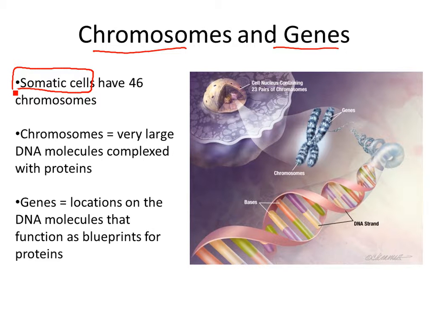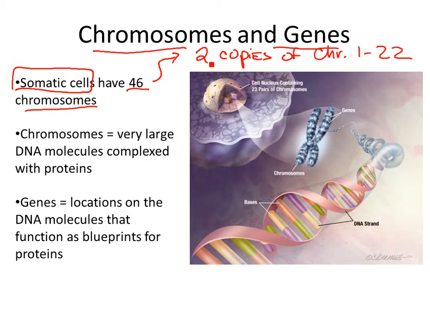But otherwise, your somatic cells have 46 chromosomes in them, as you've learned about before. Those 46 include 2 copies of chromosomes number 1 through 22, and then you have your 2 sex chromosomes. Those are present in almost every somatic cell in your body.